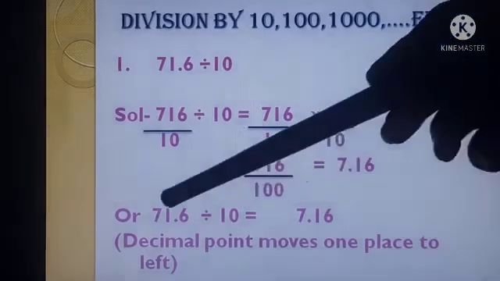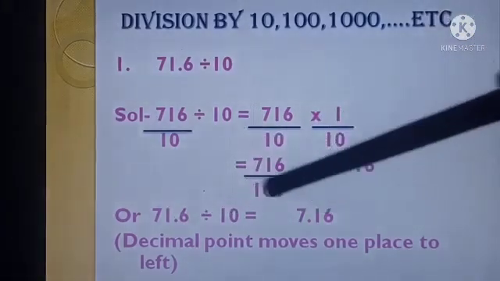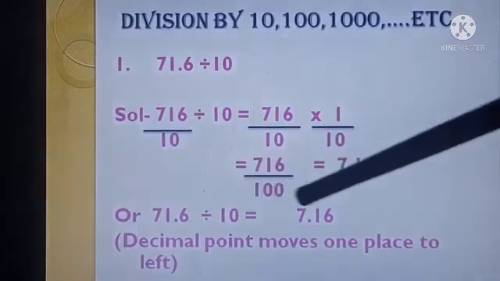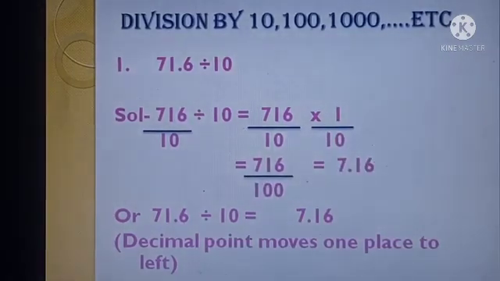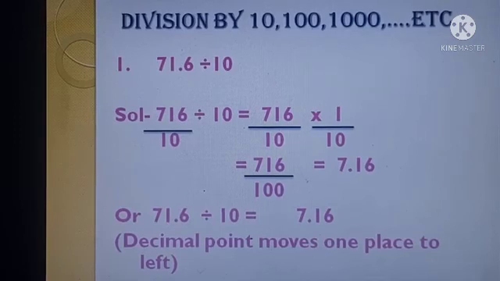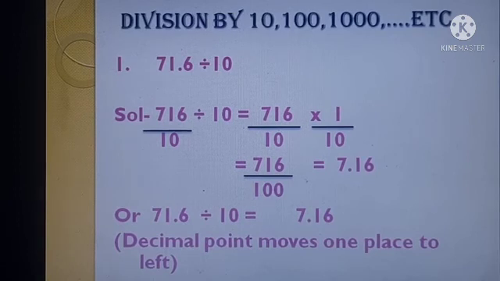Understood? Now check that your number has not become bigger after division. 71.6, 7.16. 71 is greater than 7. So be careful while shifting the decimal. When it is a division sign, the decimal will move to the left. When it is a multiplication sign, the decimal will move to the right.